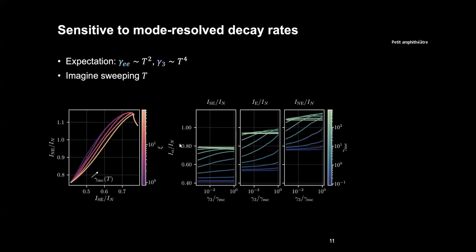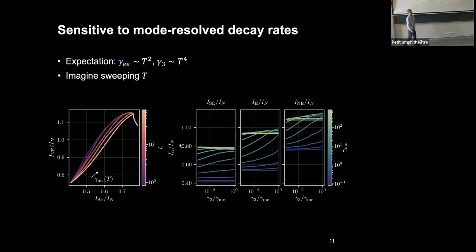But there's a question. So what's the meaning of the color on the line? For this one? Yeah, okay. So the color of the line is roughly, okay, so gamma EE is like T squared, right? And gamma 3 is like temperature to the power of 4, right? So I can think that gamma 3 is like gamma EE squared with some prefactor, and that prefactor is the color.